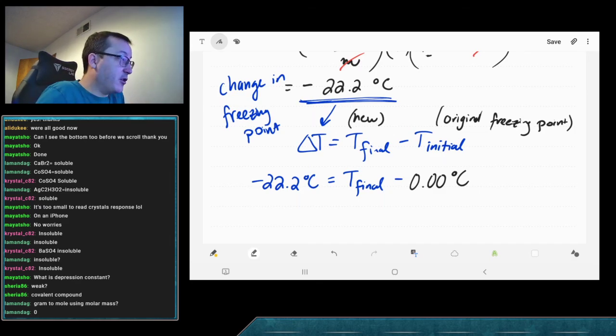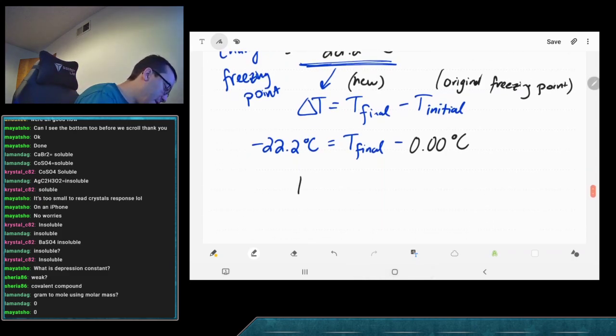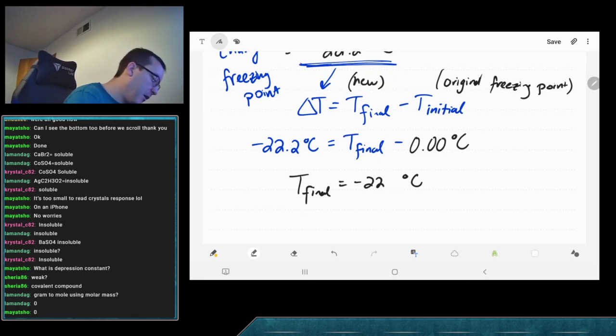And so our new freezing point, the final one, will be doing this very complex algebra where we would add 0 to both sides. So this tells us that our final temperature, which would be our final freezing point, is negative 22.2 degrees Celsius. Actually, with sig figs, I think we only get 22.